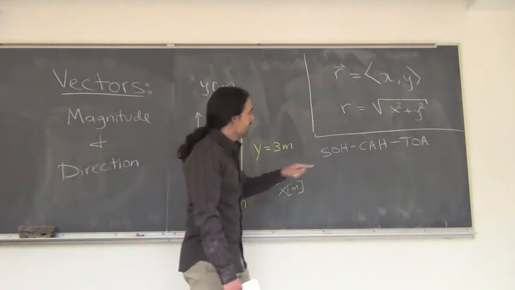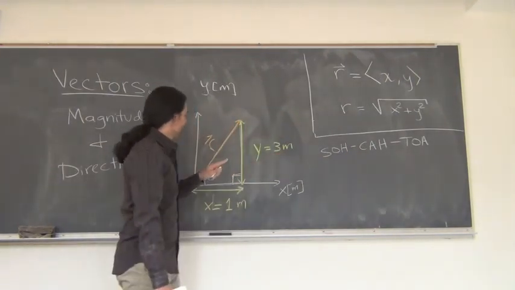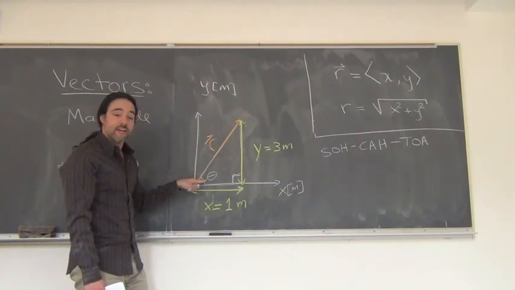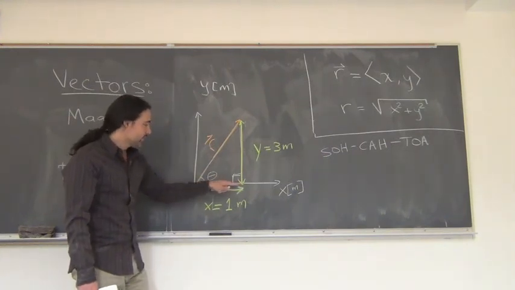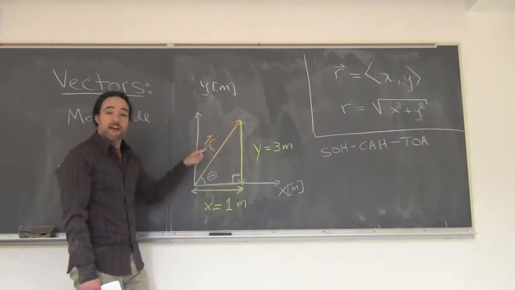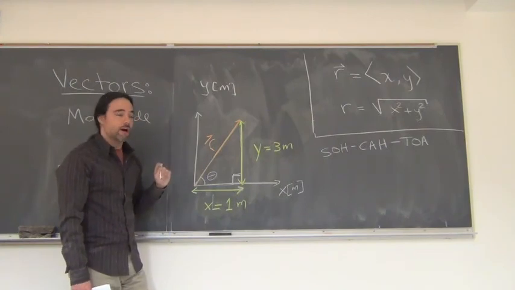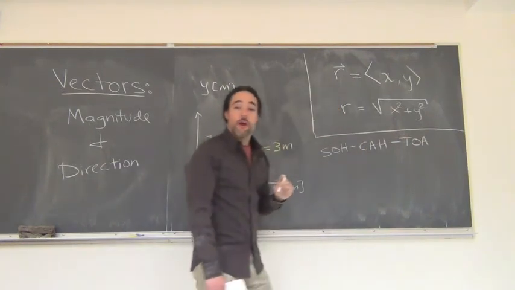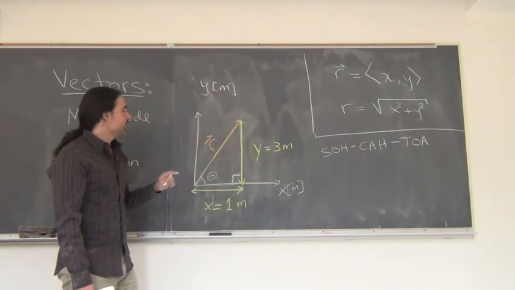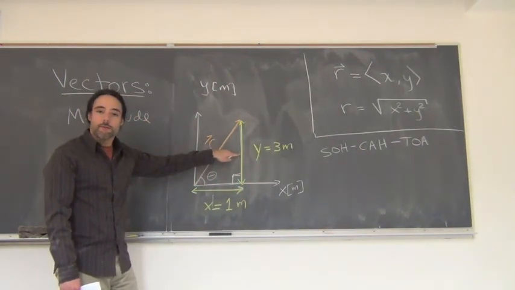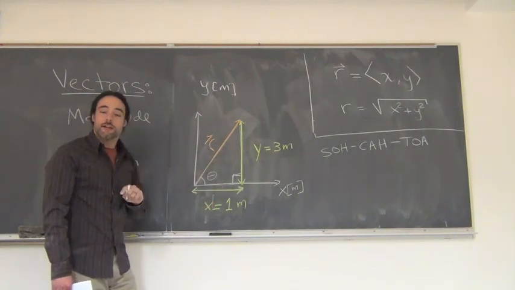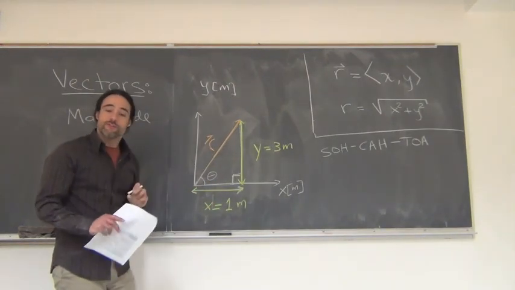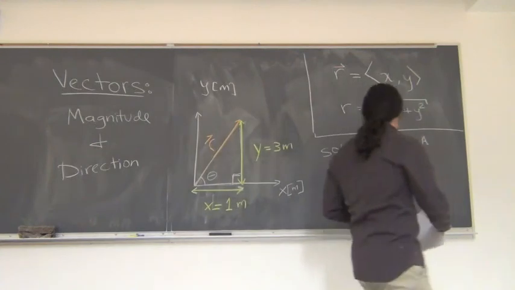Similarly, the CAH, cosine, would be equal to the adjacent side to this angle, in this case the x distance, divided by the hypotenuse, which was again r. And the tangent, the TOA, was equal to the opposite side, which was y, divided by the adjacent side, which was x. We're going to use the tangent to find our angle.